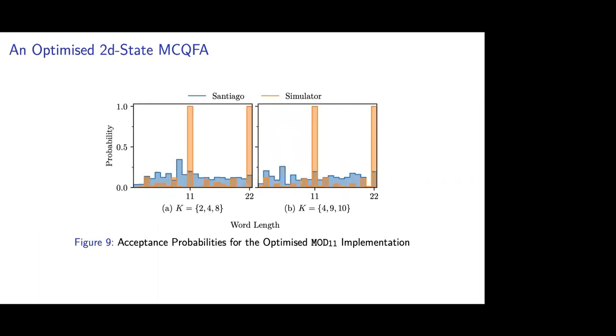Still, this turns out to be not enough because we don't actually see any improvement. Here you see simulator and real hardware results, and real hardware provides mostly random results, even though the simulator one works correctly. So we see that we need further optimization.